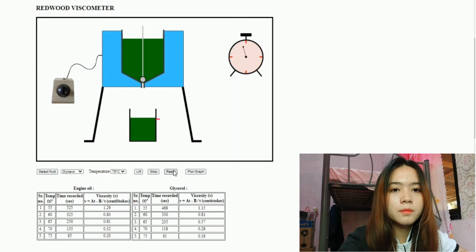We'll now observe the variation in kinematic viscosity with change in temperature by clicking the plot button to plot the comparative graph for both fluids.